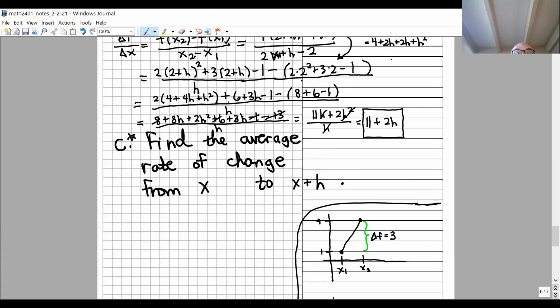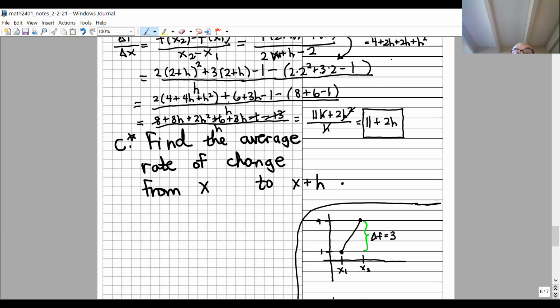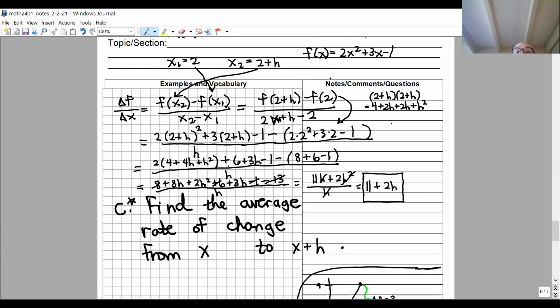So now we want to find the average rate of change, same function, so I'm not changing the function. Here's the function: 2x squared plus 3x minus 1. Now I want to find it not from a specific number like 2, but from any value x over to that same x plus an increment.